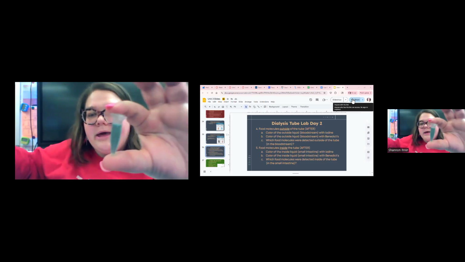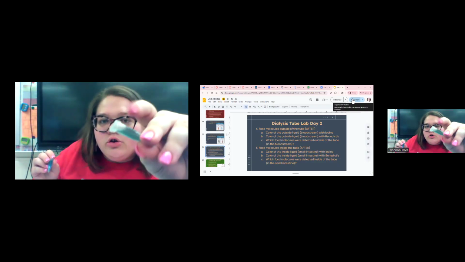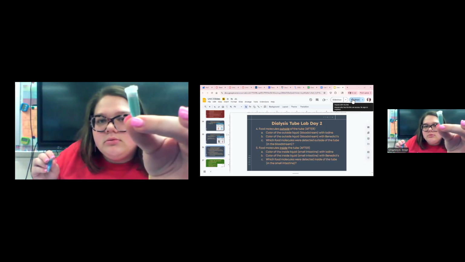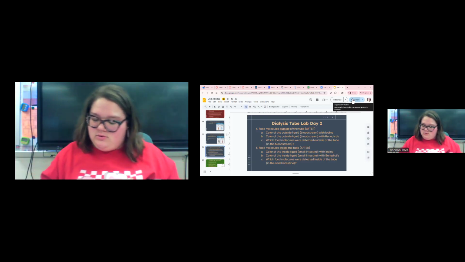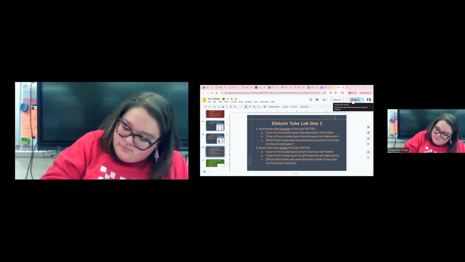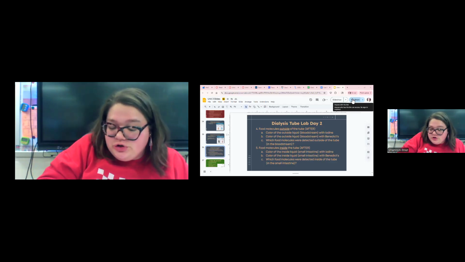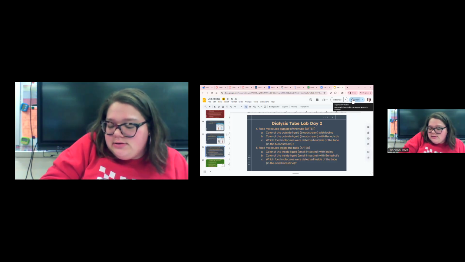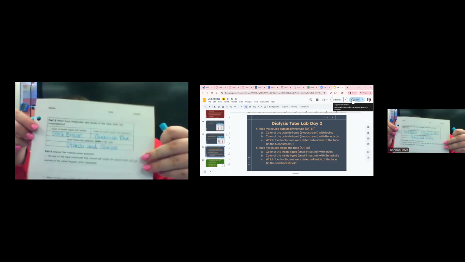And then the Benedict's, again, is that darker greenish grayish blue. So that means the food molecules inside of the tube are going to be starch and glucose. So this is what you should have.